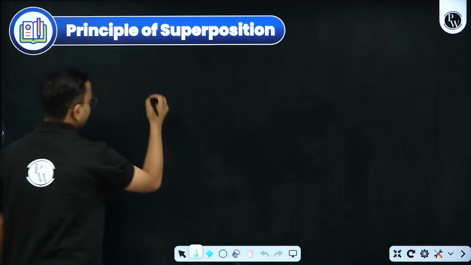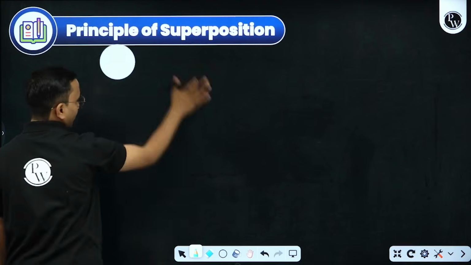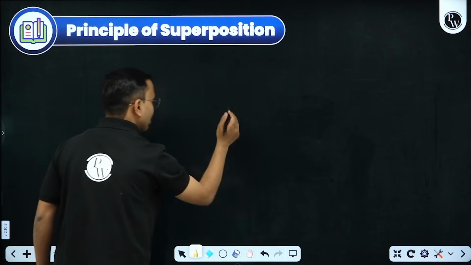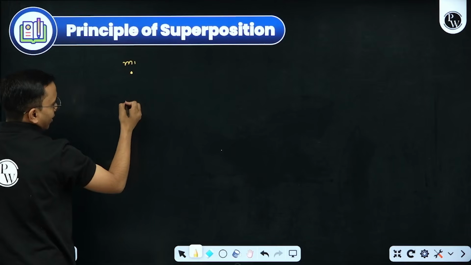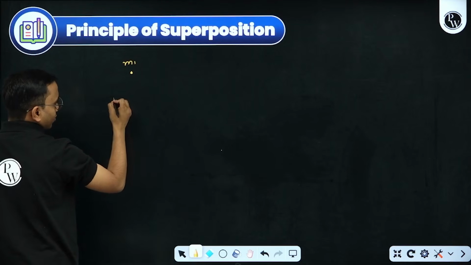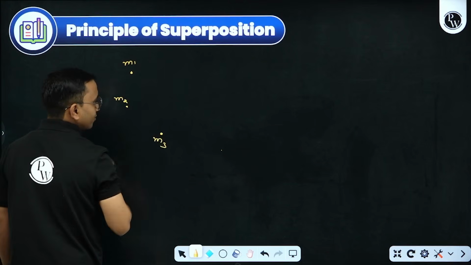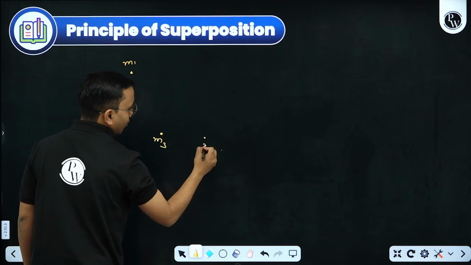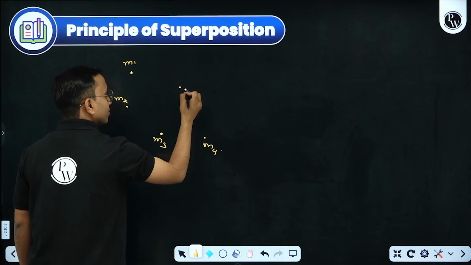Let us take here is my mass m1, here is my mass m2, here is m3, here is m4, and there is a mass m0.